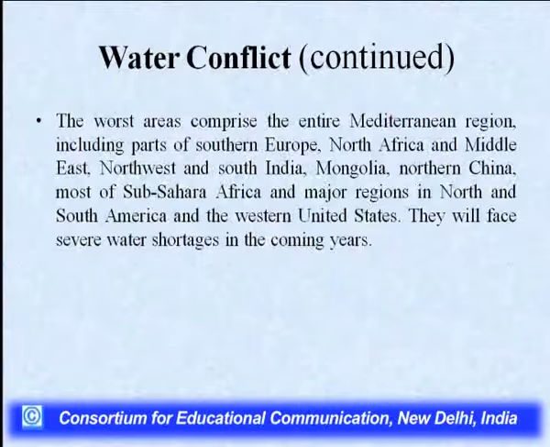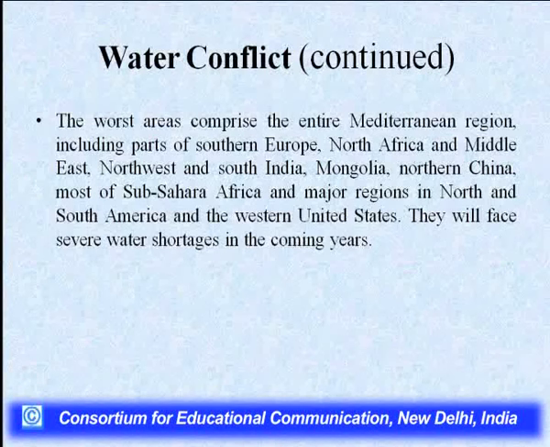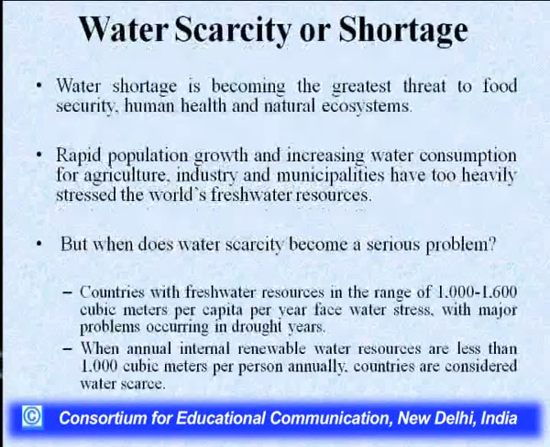So we can see what the different water conflict zones are globally: the Mediterranean region, especially southern Europe, North Africa, the Middle East, Northwest and Southern India, Mongolia, Northern China, different African countries, the United States and Australia. In these countries there is prevalent water conflict.